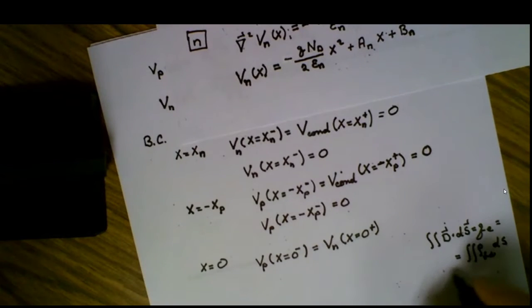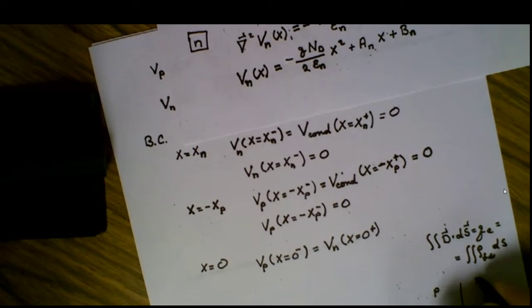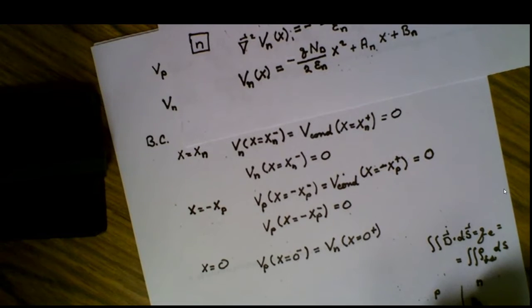So let us draw our diagram. This is region number P. This is our N region. This is our interface at x is equal to 0. Let us draw our pillbox. Let us draw ds.